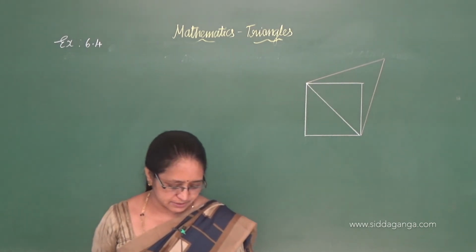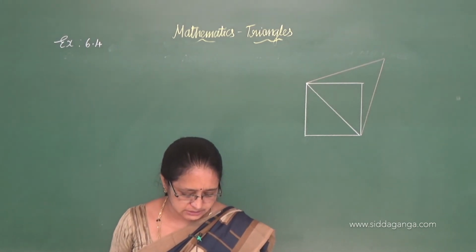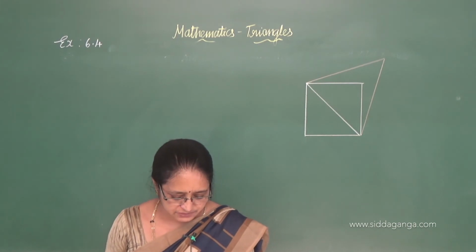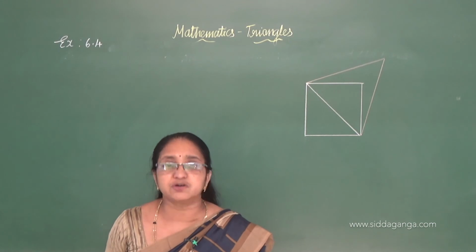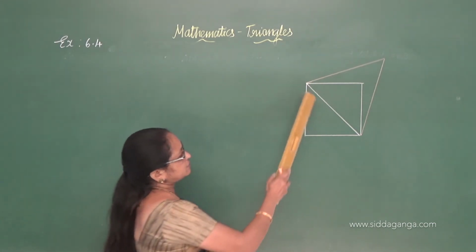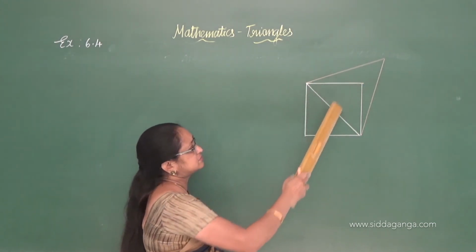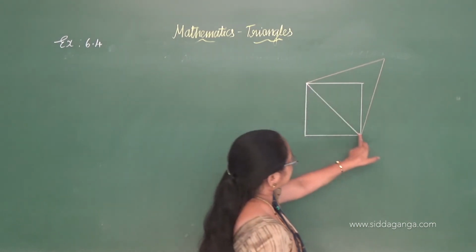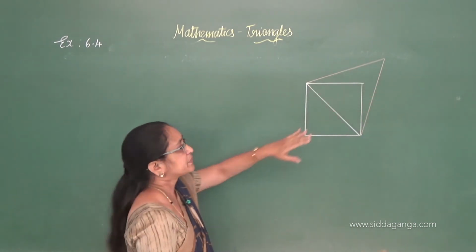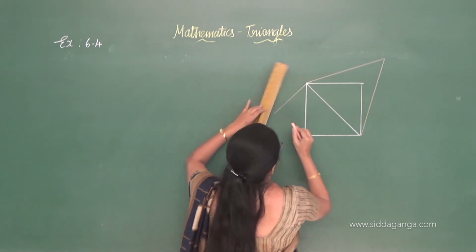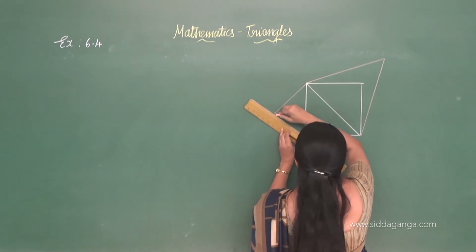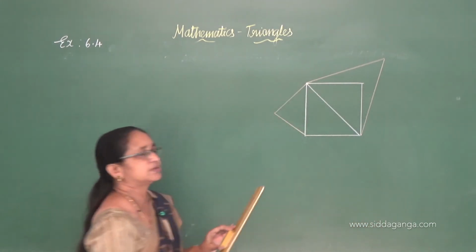So, see here. I have drawn a diagonal on the diagram, and an equilateral triangle described on the diagonal. Now, one is described on the side of the square, see here, this one.